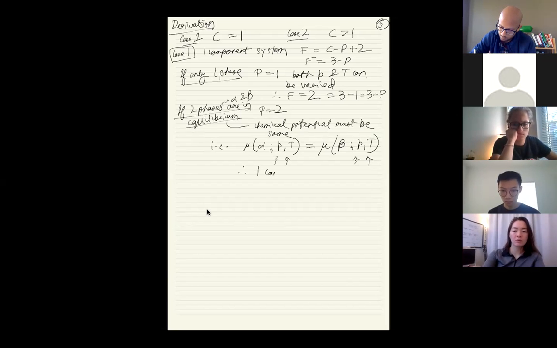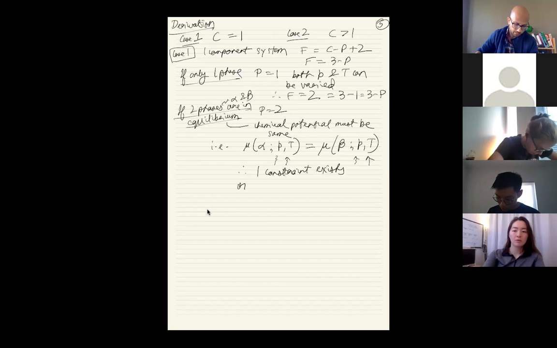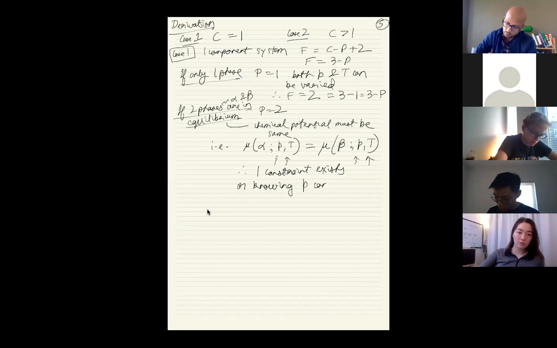Therefore, one constraint exists, or knowing P can tell us T, or knowing T can tell us P.